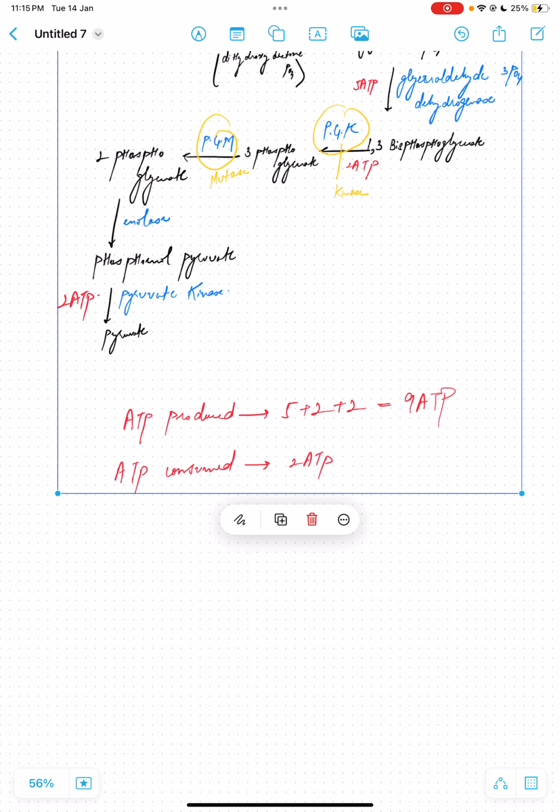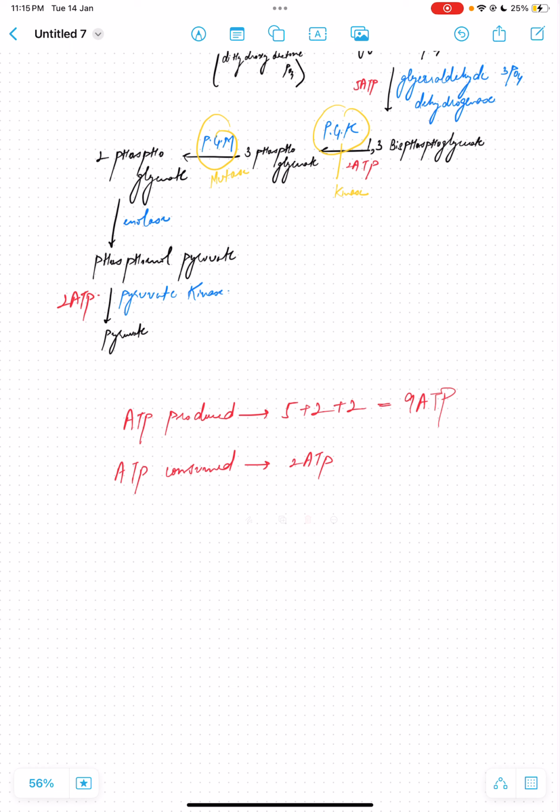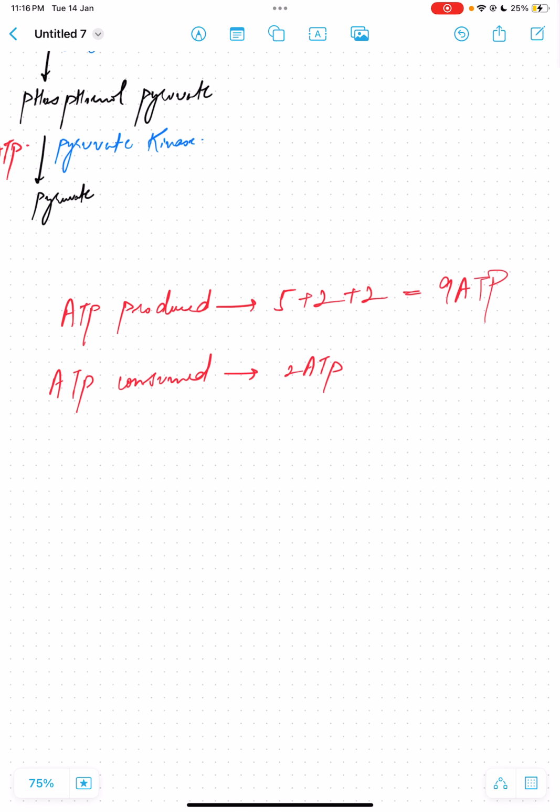So aerobically, in the case of glycolysis there are 7 ATP, and anaerobically, in the absence of oxygen, there are only 2 ATP.